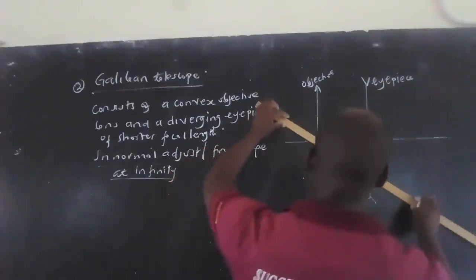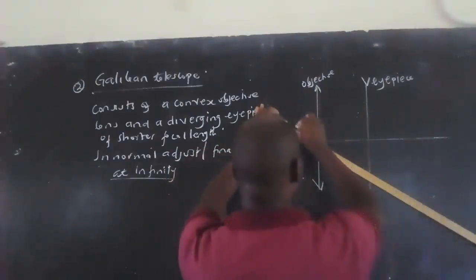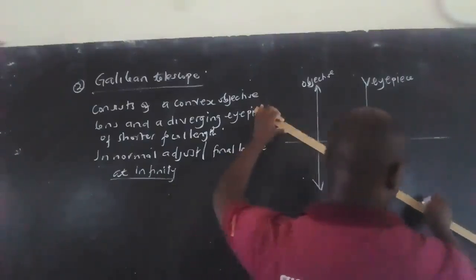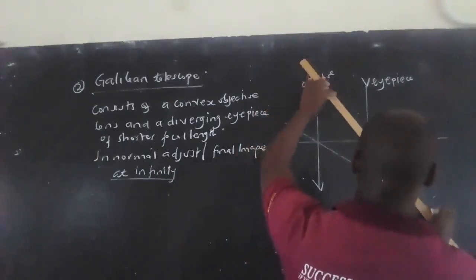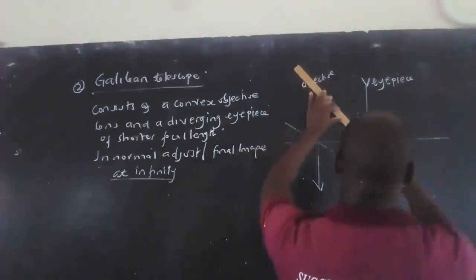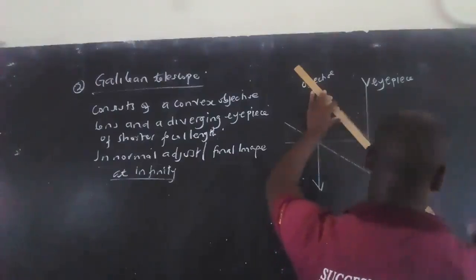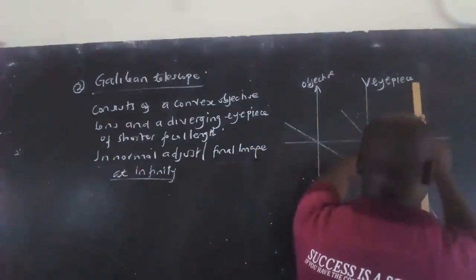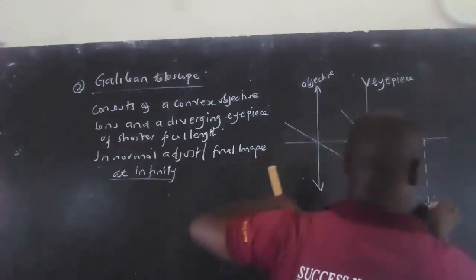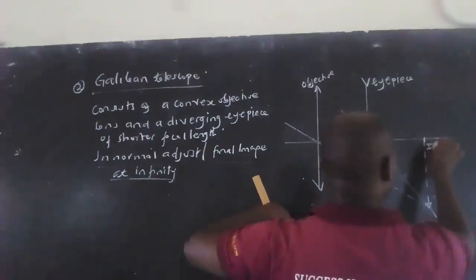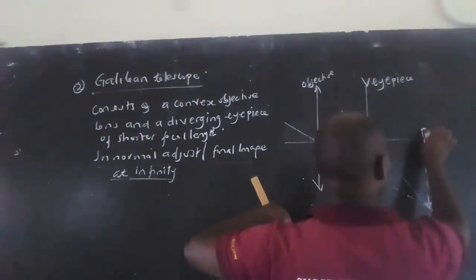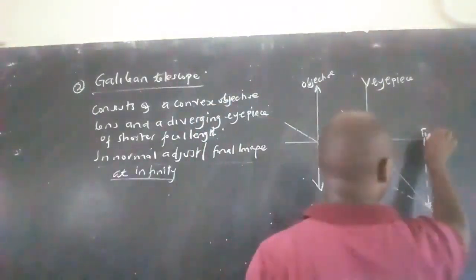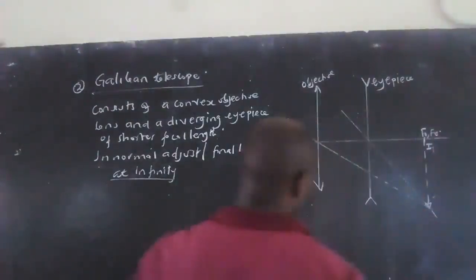Now, we're going to have our lens, we'll have this one. We have the other one which is passing through here. So this one will form the first image at F0. The first image I1 at F0. Since the final image will be formed at infinity, then it will be at FE.